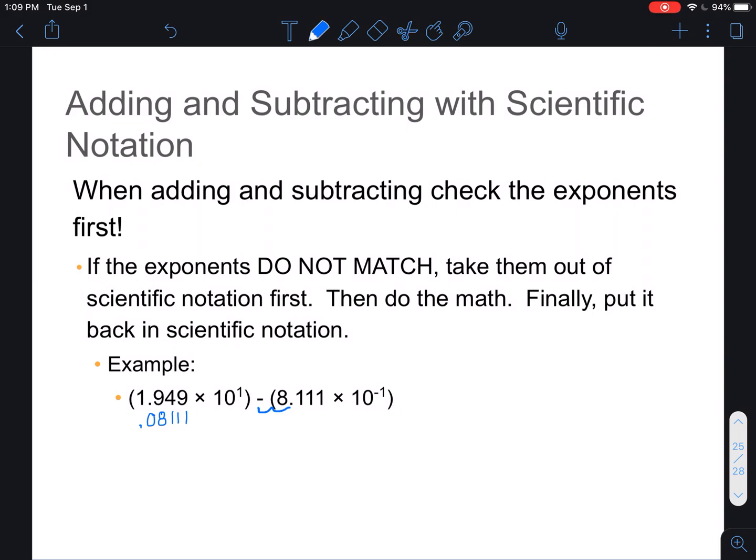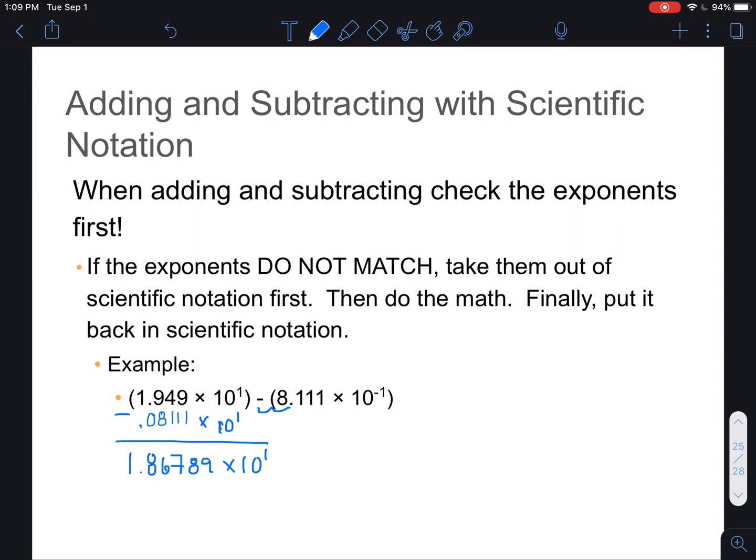And by moving the decimal place over 2 spots to the left, that changed my -1 exponent to a +1. All right, now I can perform my subtraction, and that will give me 1.86789 times 10 to the first.